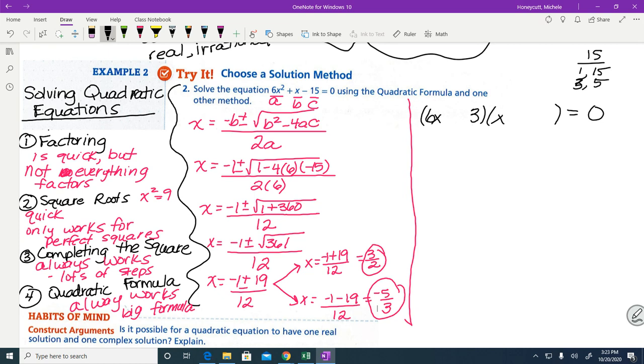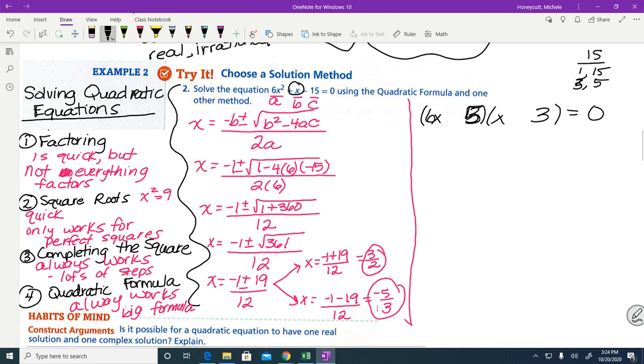So let's try a 3 here and a 5 there. The inner product will be 3x. Outer product is 30. That won't work. What if we try switching those? 5 first and then the 3. So then I would have 18 and 5, which will not add to be 1.